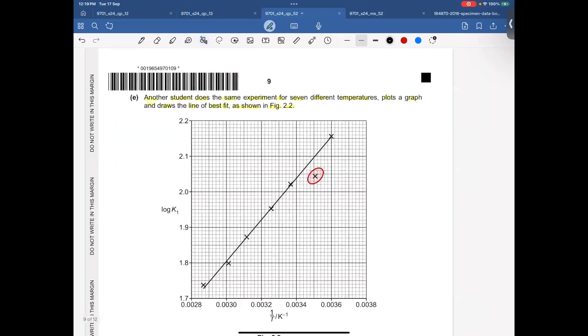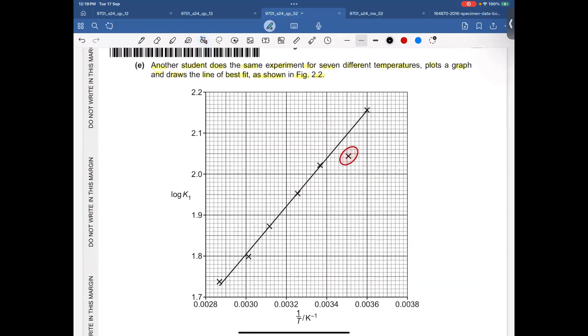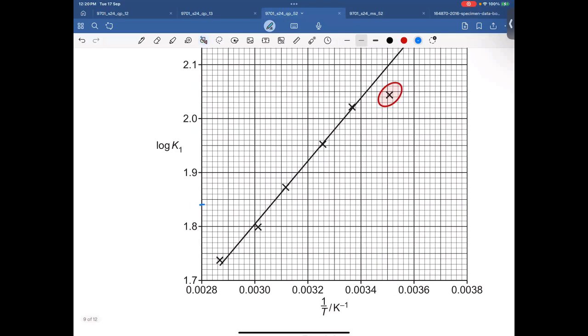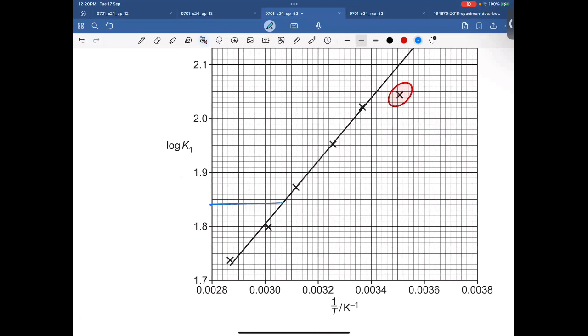So from the line of best fit, let me take the first point. Let me take out this value. Okay. So this must be 1.84.